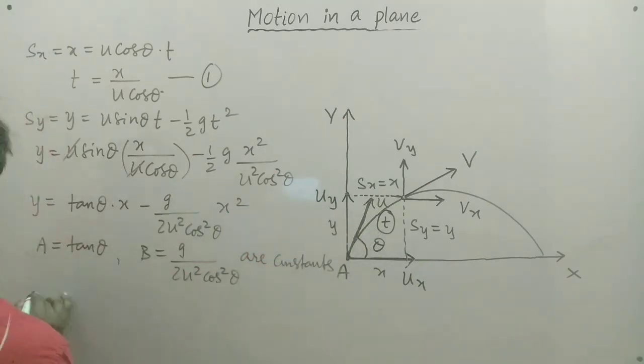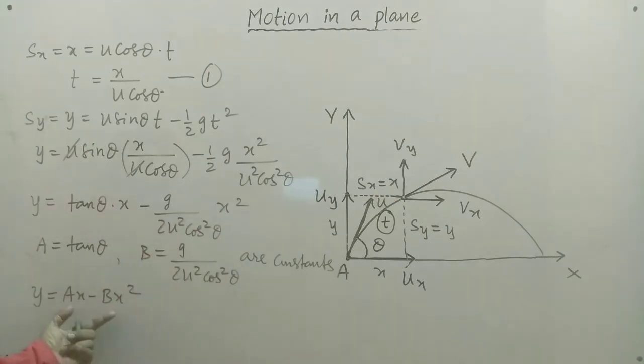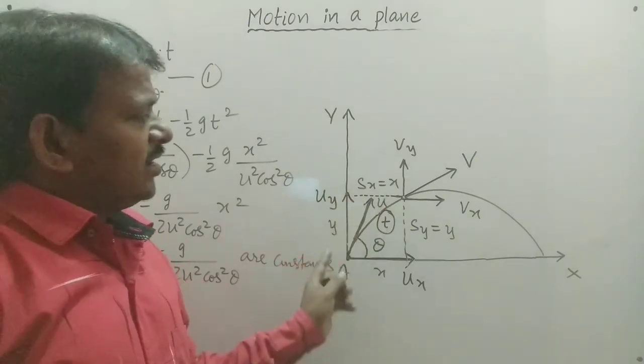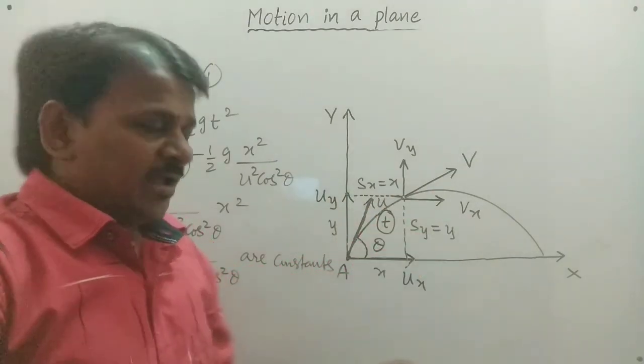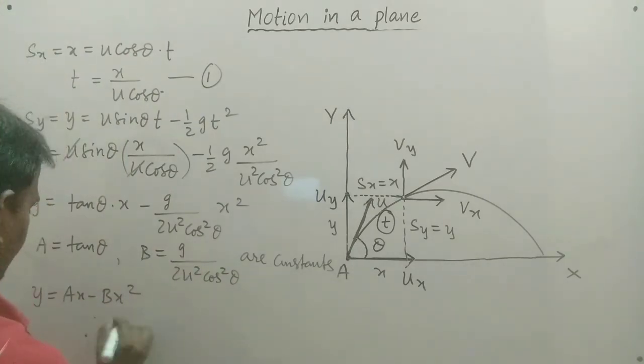So y is equal to ax minus bx square. So the form of equation shows it is the form of equation of parabola. So the trajectory of the projectile is parabola. Hence it is proved.